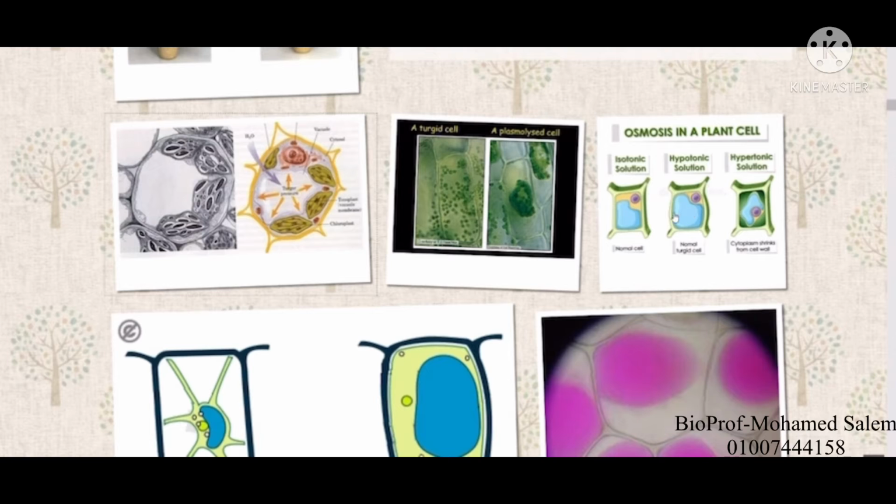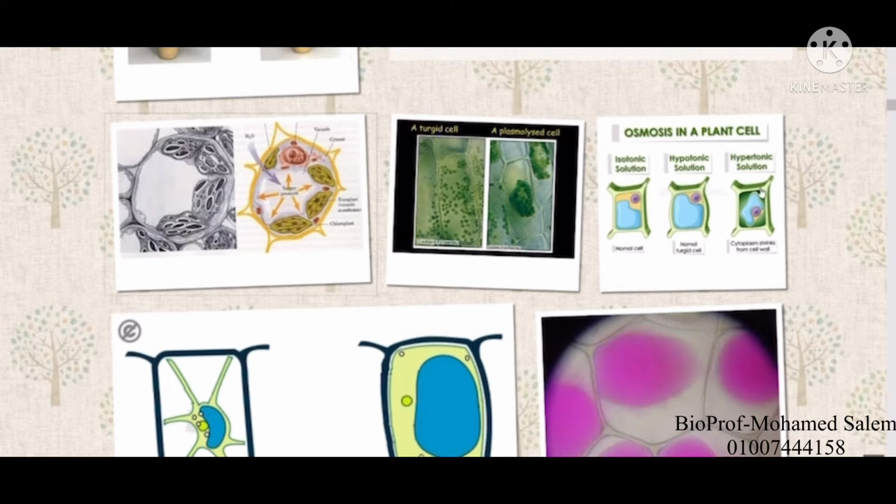But if we put the cell into a hypotonic solution, hypo here means low concentration of salts, so the water will be high concentration in solution, so it will move from solution to inside the cell. So the cell becomes turgid cell.